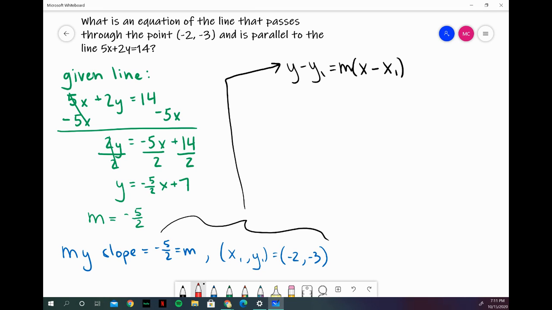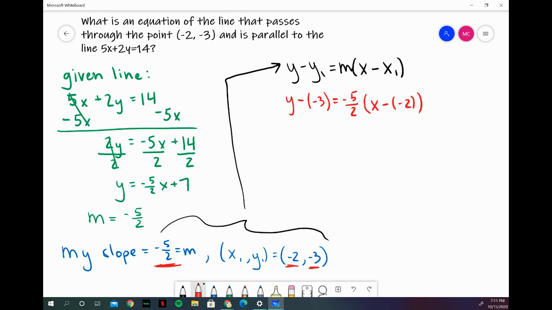So if I plug in the values that I have, I would have y minus y1, which is -3, is equal to m, which is -5 over 2, times x minus x1, which is -2. And we're always being careful with our parentheses so we keep track of the negatives.